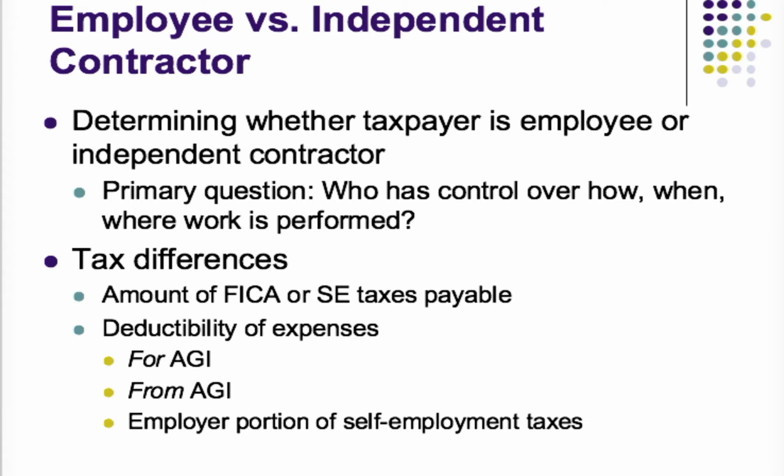If you're an independent contractor, that basically means you're self-employed, in which case you would owe the employer a portion of the self-employment taxes, but all of your business expenses would be for AGI expenses instead of from AGI expenses.